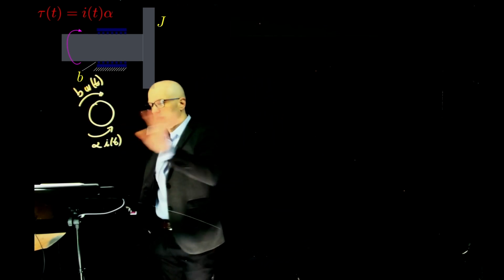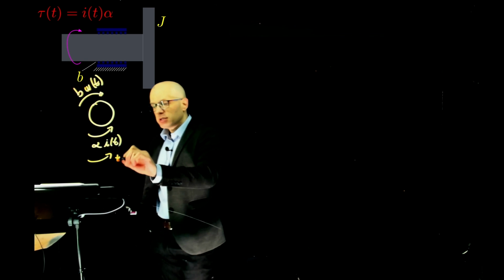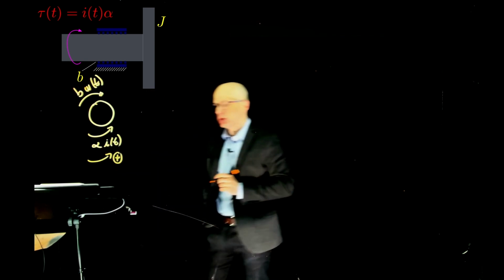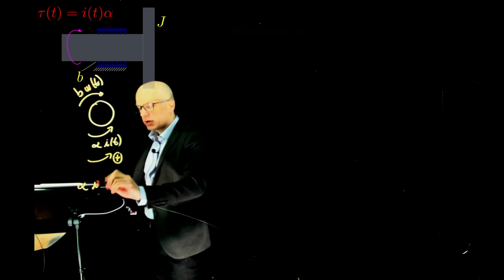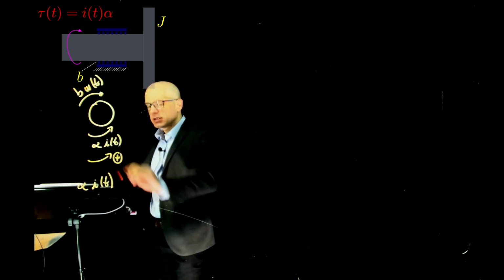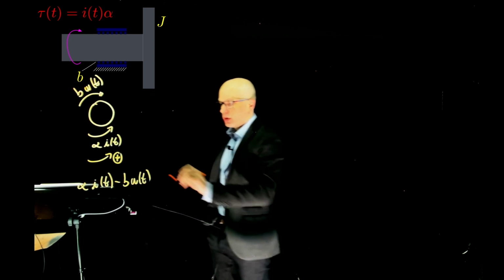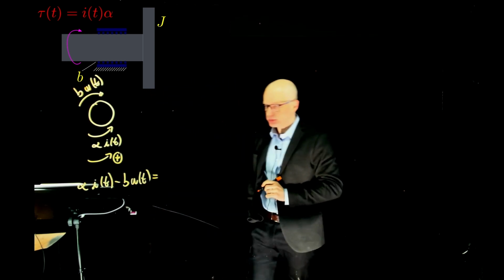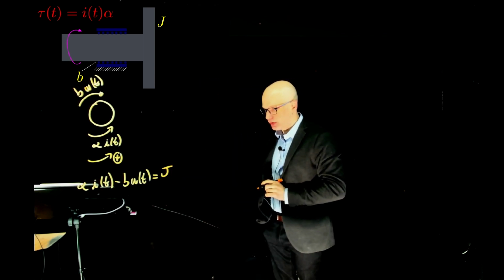Assuming now that these are all the forces acting here and we are driving a load, we can say that anything that rotates in that direction is positive because that goes along the shaft, the input torque. So we have the input torque alpha I of t minus the coefficient of viscous friction times the speed equals the moment of inertia times the acceleration of that thing.